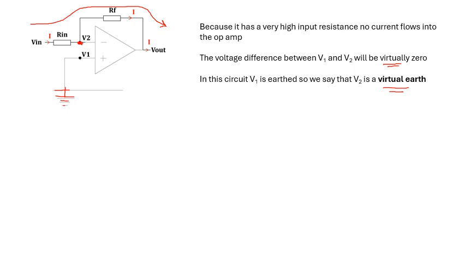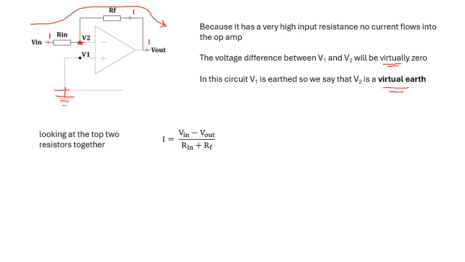And because V1 and V2 we assume are the same, V2 is a virtual earth. Looking at the top two resistors together, the difference in voltage between V in and V out is V in minus V out. The resistance of that top bit is R in plus RF. So my current I is V in minus V out over R in plus RF.